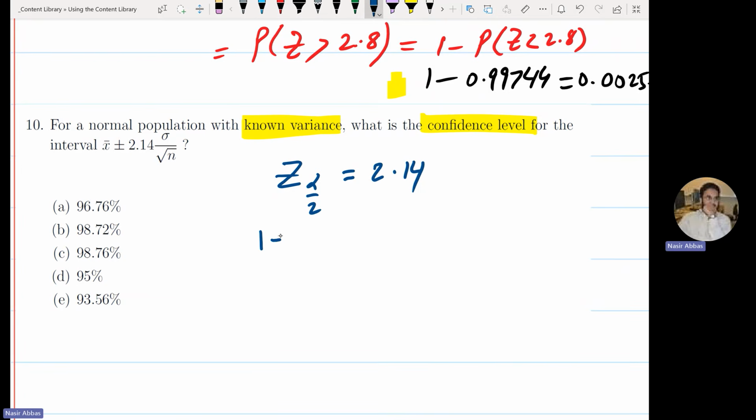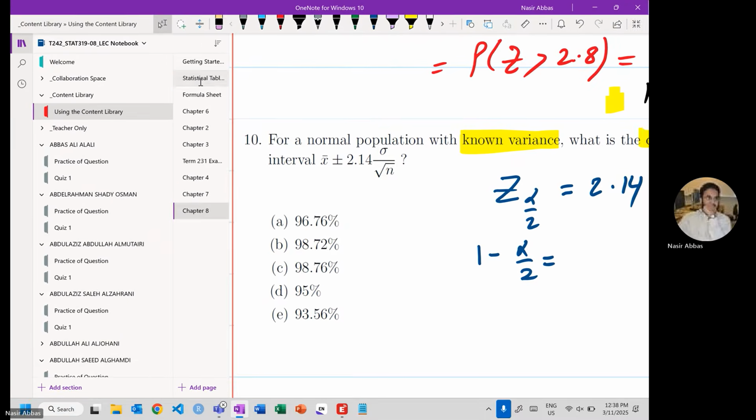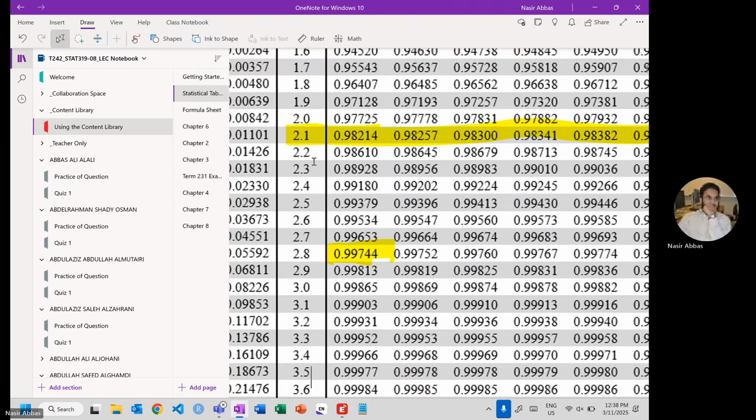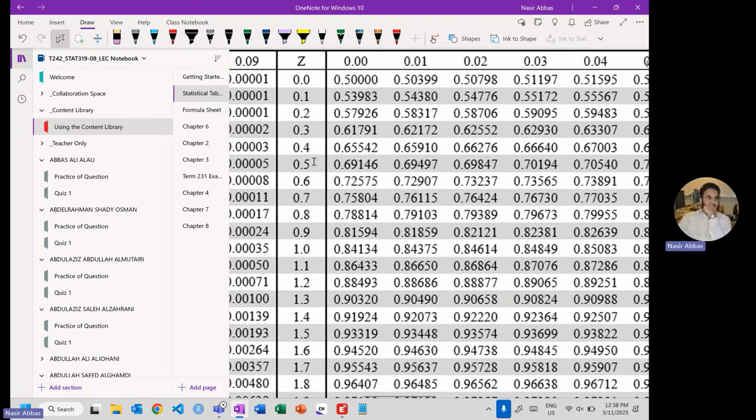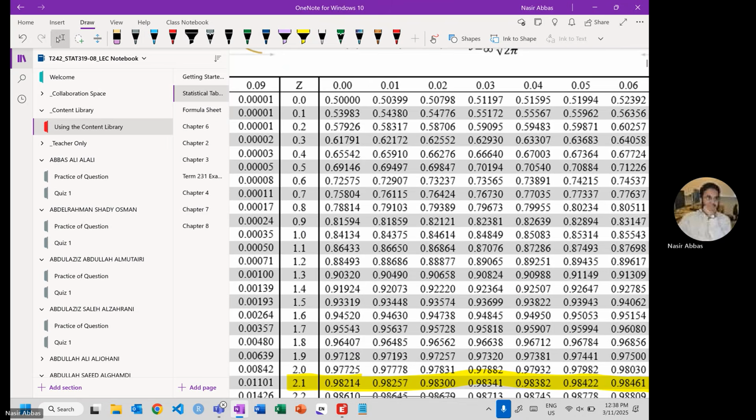And when we go to the Z table and look for 2.14, area below 2.14. What is area below 2.14? 0.98382. Can you see it?